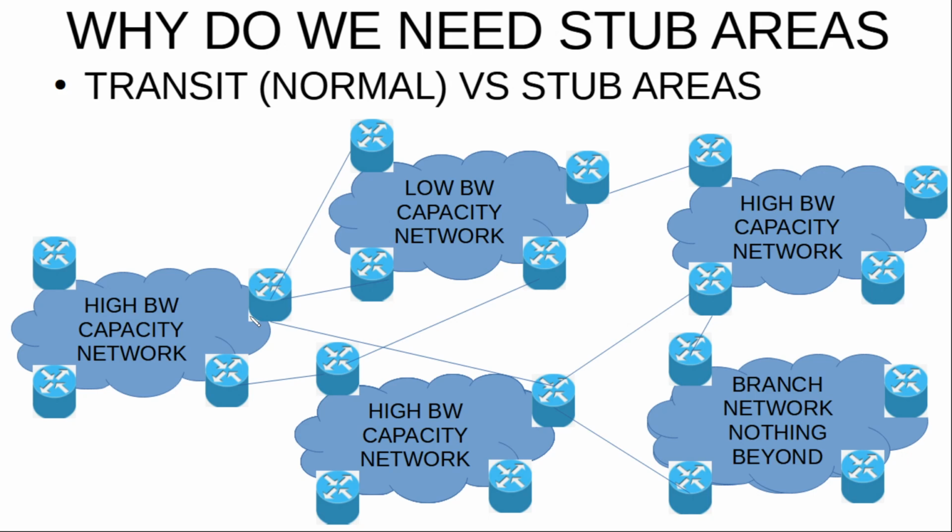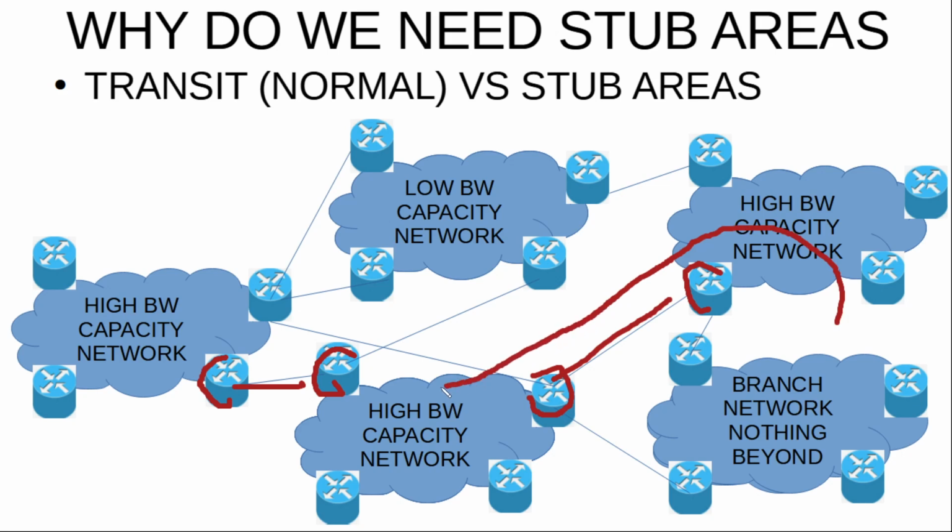Now, let's talk finally about stub networks. If you have a really large network, you will notice that some parts of your network have really high-end routers and high-capacity links. So you might want to have all your transit within your network using these devices and these links.